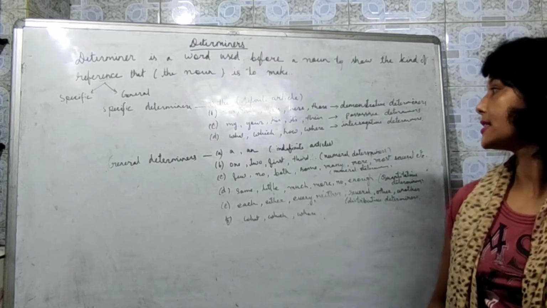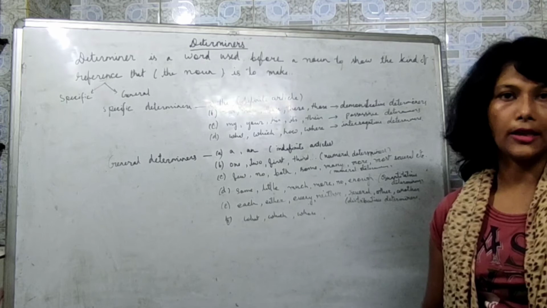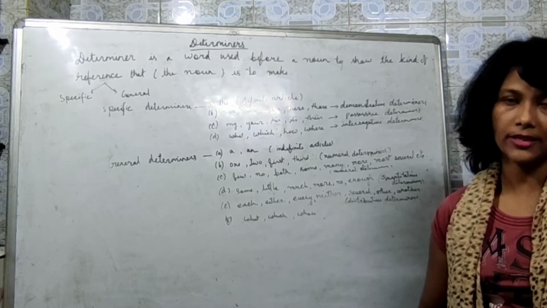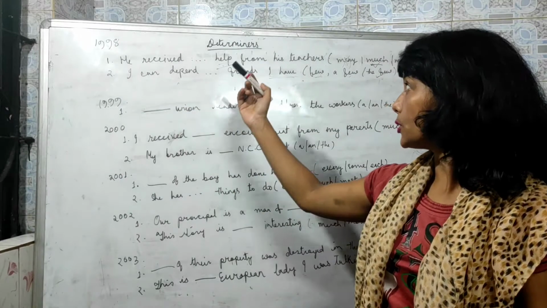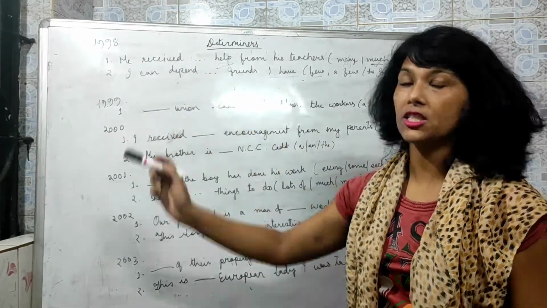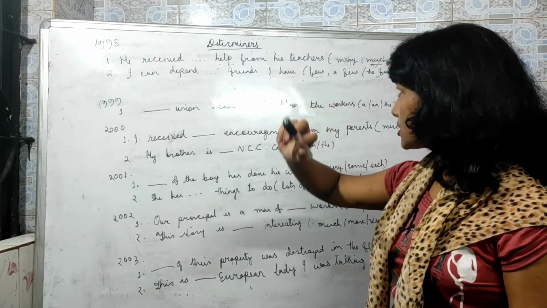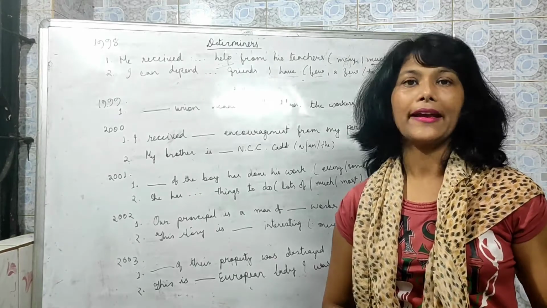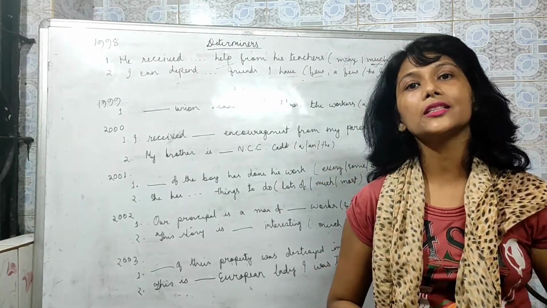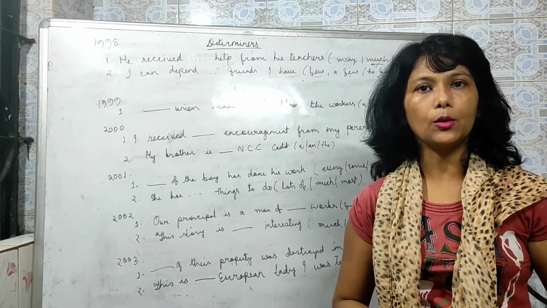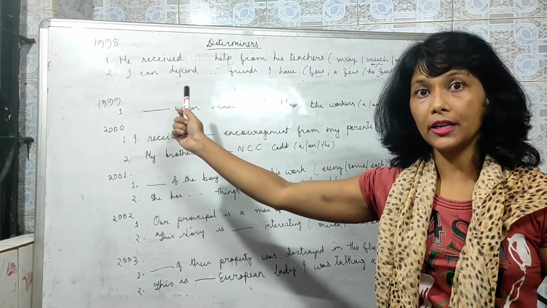Now let's see some of the very important determiners that usually come in your HSLC or class 10 question paper. Here I have written down some questions from 1998 onwards. I received this help from his teachers. Help is something which you cannot count. Help is an uncountable noun. Determiners are used before nouns.